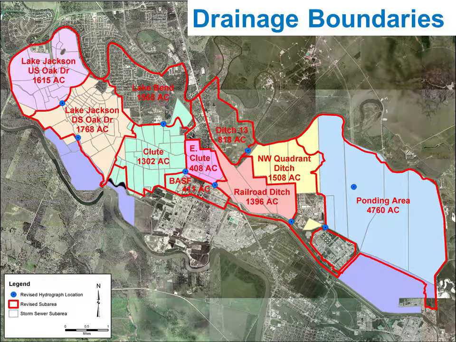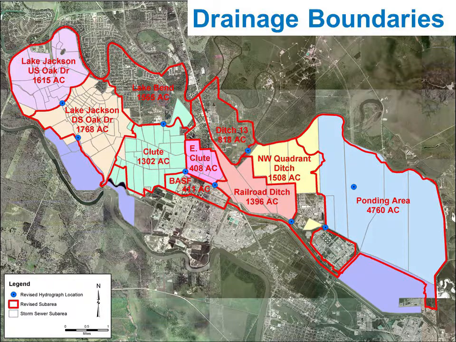Each drainage area contributes to a specific node within the channel system, except for the ponding area, which is huge, like 4,800 acres. That is modeled as a storage area in HEC-RAS unsteady flow, and so routing is done through there to route the hydrograph and lag and attenuate it into the drainage channel.